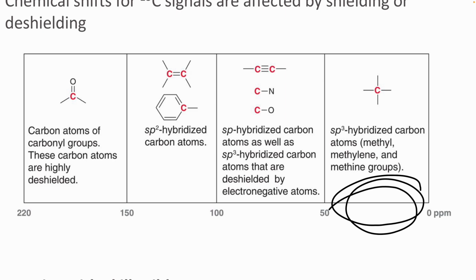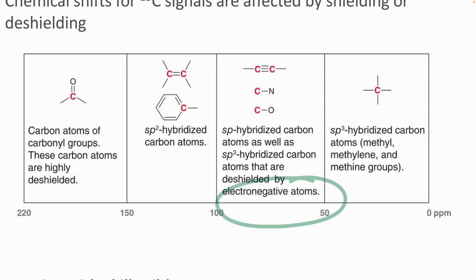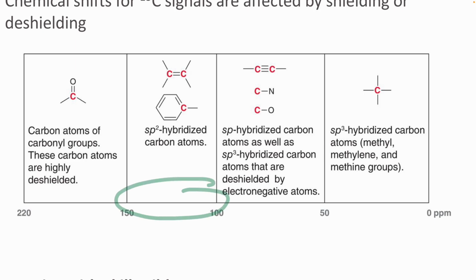We would still see 3 peaks, but they would be located down on this end of our spectrum. If we have higher order bonds, carbon-carbon triple, carbon-nitrogen, carbon-oxygen, they absorb a little bit higher up. Your double bonded, sp2 hybridized carbons even further up, and then carbonyls are all the way at the top end of your spectrum here.